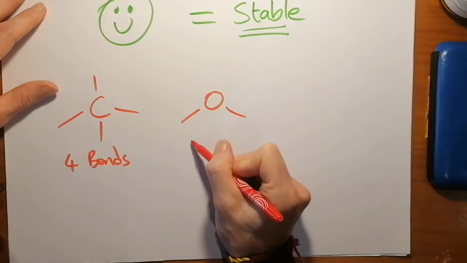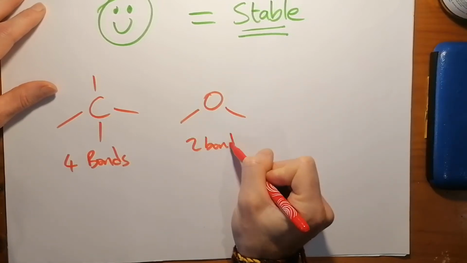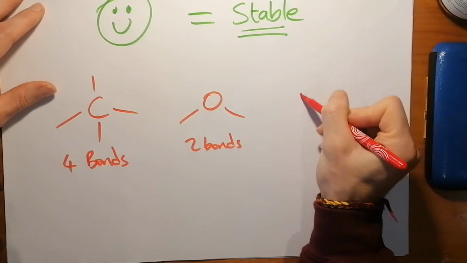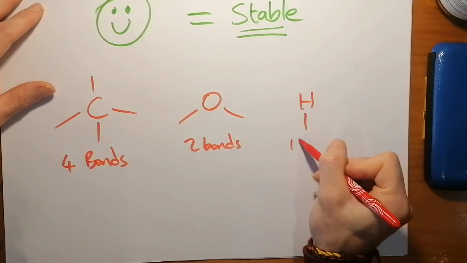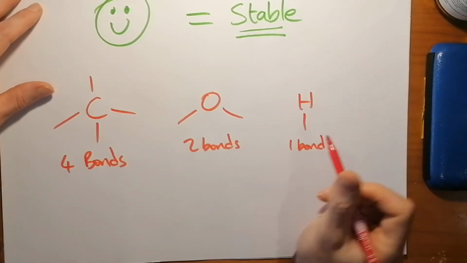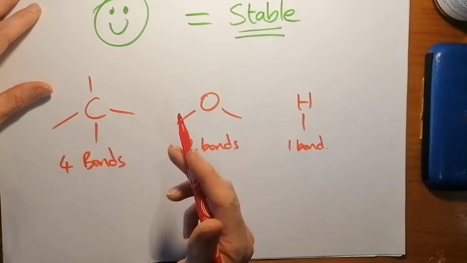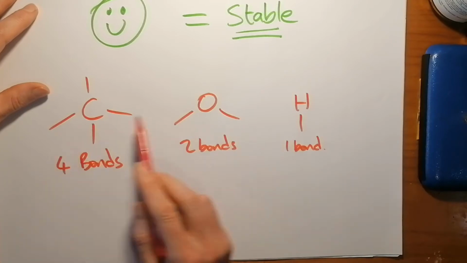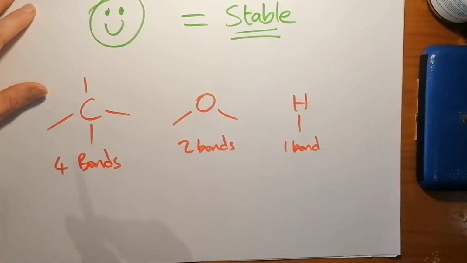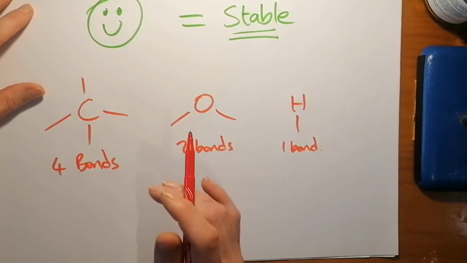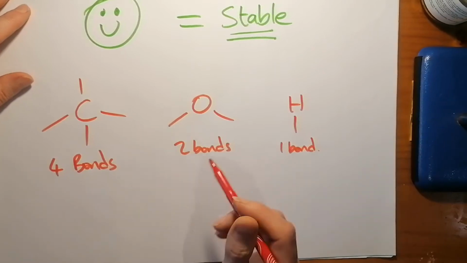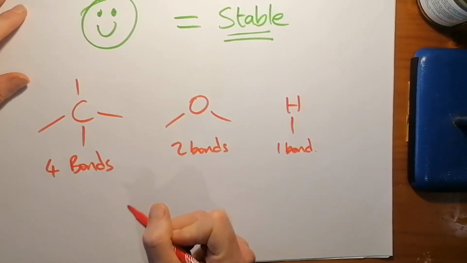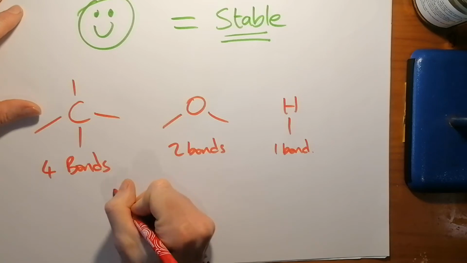Oxygen has 2 bonds, so it makes 2 bonds with 2 other things, and hydrogen has 1 bond. In other words, carbon has a valency, as chemists would say, of 4, oxygen 2, and hydrogen 1. And these 3, carbon, oxygen, and hydrogen, are the only elements found in glucose and the only elements found in all carbohydrates.